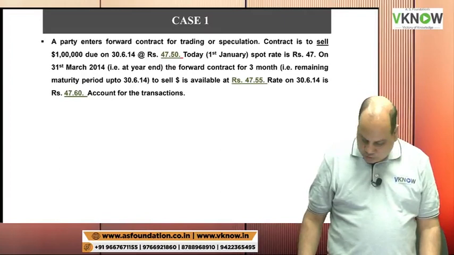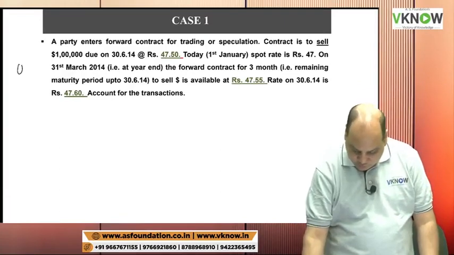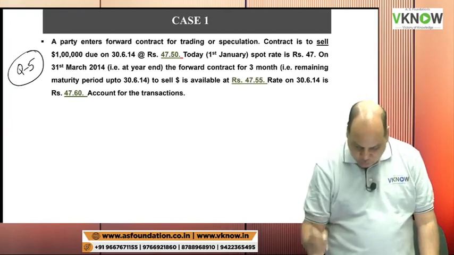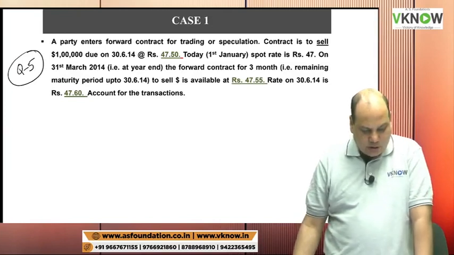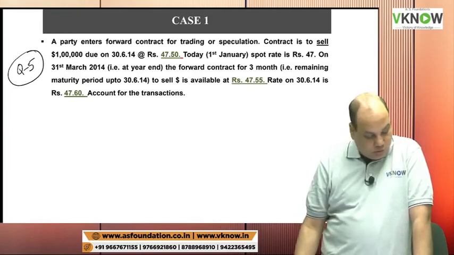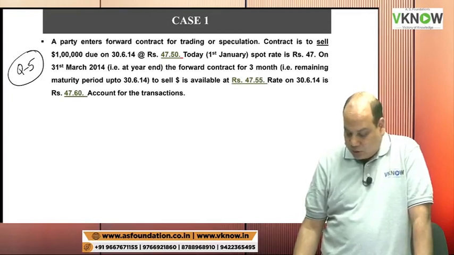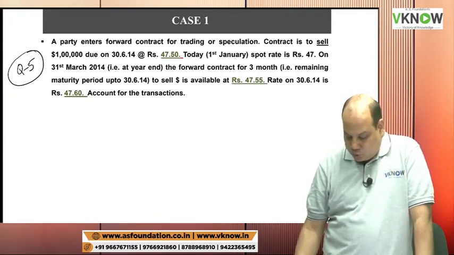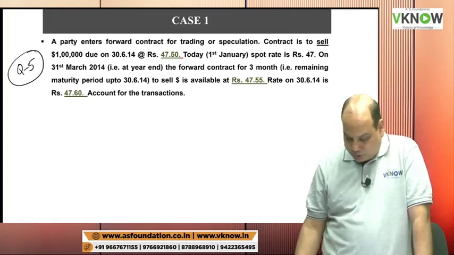This is question number 5. Check wherever it is, below or after that, next page. This question is for speculation. A party enters into a contract for trading or speculation. The contract is to sell $1 lakh due on 30th June 14 at rupees 47.50.